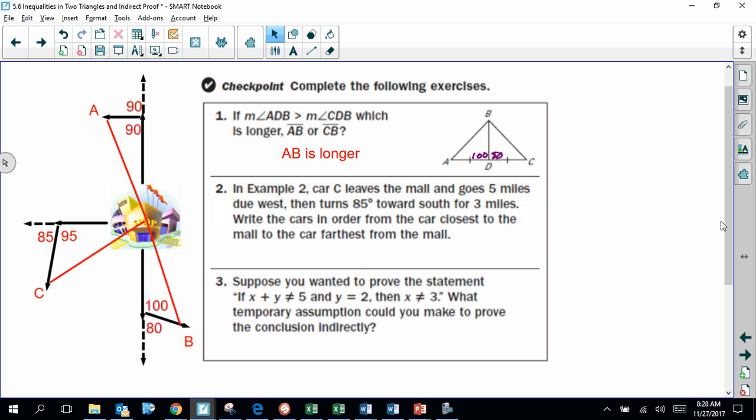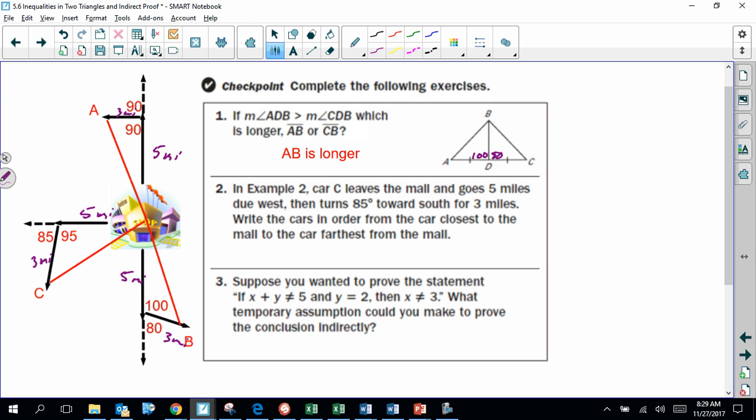So we have the one car here that goes north 5 miles, and then we go west for 3 miles, and then here we go west for 5 miles, turn, and we go 3 miles, and then again this is 5 miles and 3 miles.